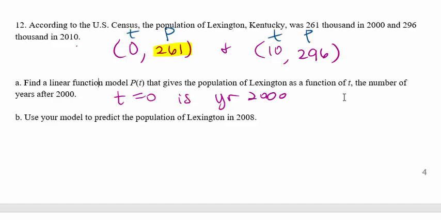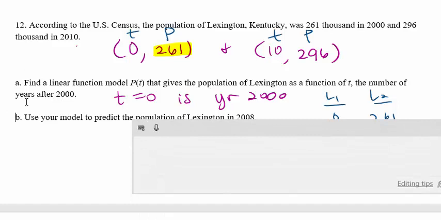The second option is to run linear regression, and in L1 you would type your t, so you would type 0 and 10. In L2 you would type your p's, or 261 and 296. Okay, so let's just do this by hand.